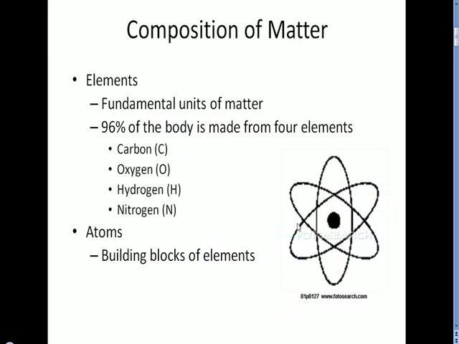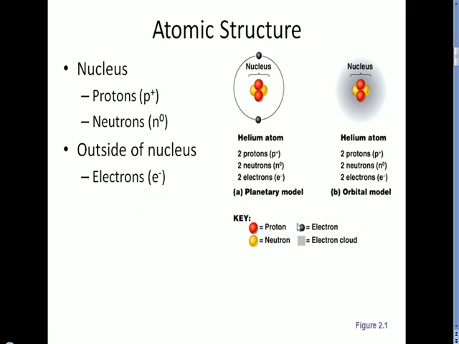So matter is really composed of elements, which are the fundamental units of matter. And most of the human body is made of 4 key elements: carbon, oxygen, hydrogen, and nitrogen. All of the larger structures that you find in your body are built from those key elements. Elements are actually atoms, and atoms form the building blocks of those key elements.